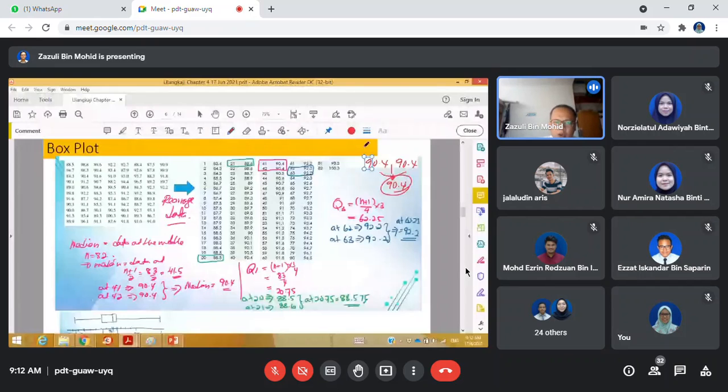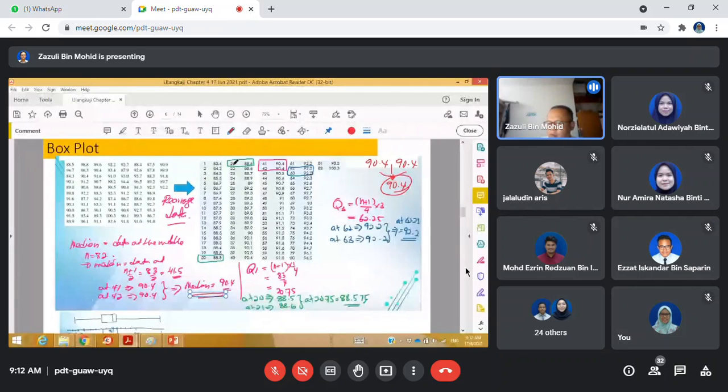For Q1, you have to look at the position, because the quartile of 82 is 20.5. Okay, data 20 to 21. Data 20 is 88.5 and data 21 is 88.6.